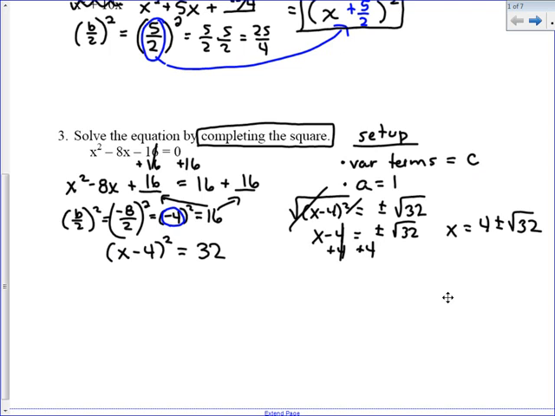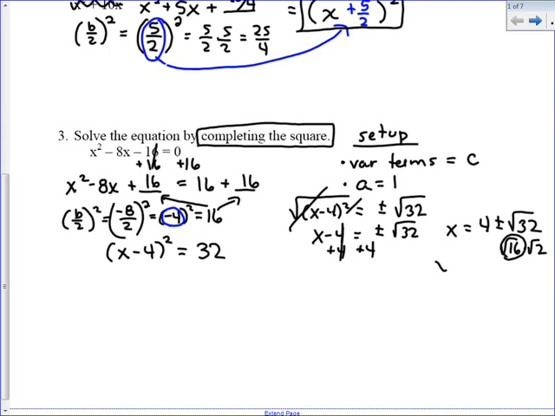Am I ready to box? No, why not, Sarah? Okay, how would we break it down? 16 and 2. And again, you will have your yellow cards.